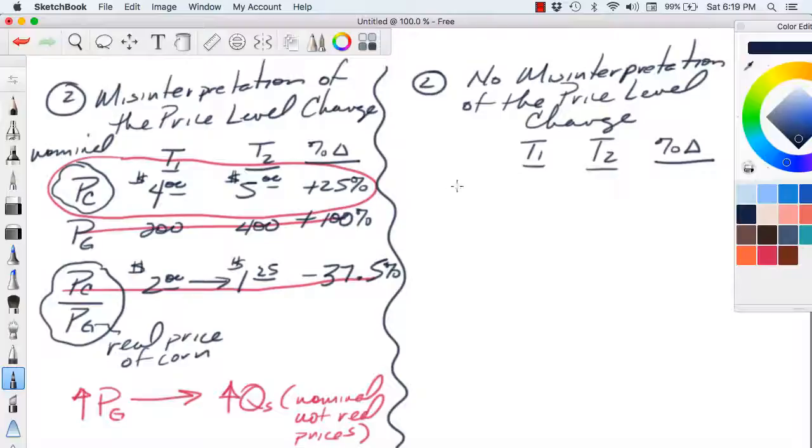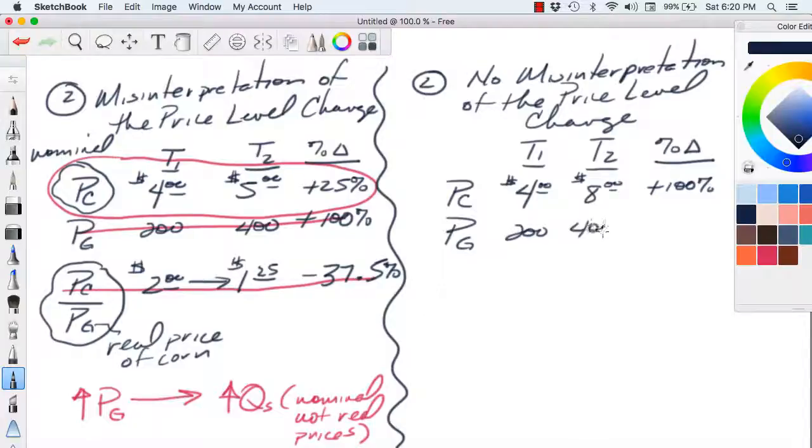What you're more likely to see in the long run is people not being fooled. Well, if people aren't fooled, let me give you an example here. Now I'm going to kind of fudge this a little bit. If they're not fooled, let's say the price of corn goes from $4 to $8. I'm just using a different example here. And so that's a 100% increase in the price of corn. But at the same time, the general price level is going from 200 to 400, which is 100%.